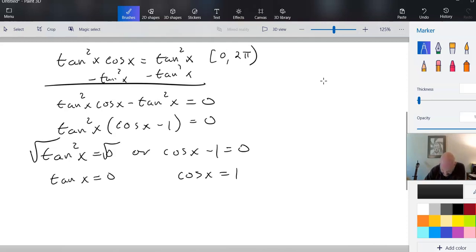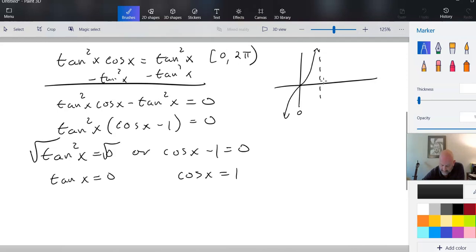Now, tangent, in fact, maybe I want to do it over on the side. Okay, if I'm going to draw a tangent here, I know at 0, tangent is 0.